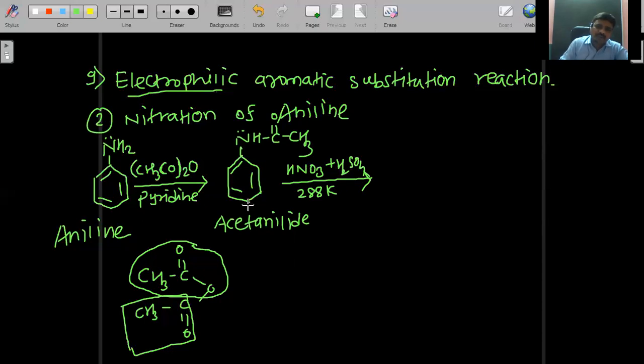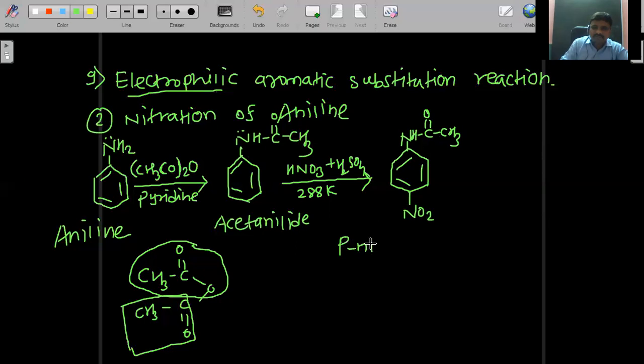Now NO2 attacks on only para position. Okay, so double bond, double bond, double bond. Here NHCOCH3, and this NO2 is attached on the para position. So to this acetanilide at para position NO2 is attached.